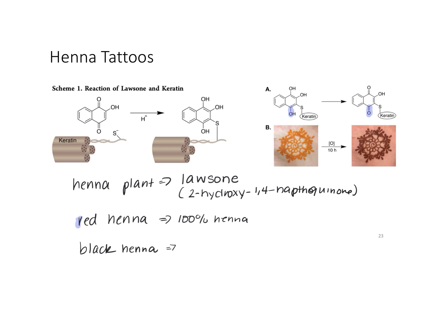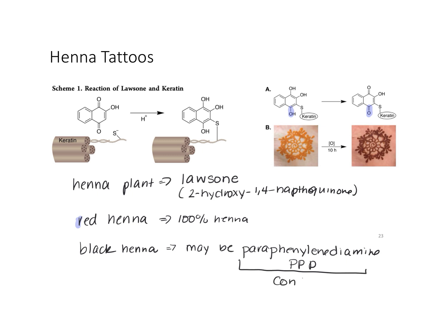The reason you need to be careful is it may contain a chemical called paraphenylenediamine, which is abbreviated as PPD for short. It can be mixed with red henna or sometimes indigo, and it produces a really nice black. The problem is that it is a potent contact allergen.